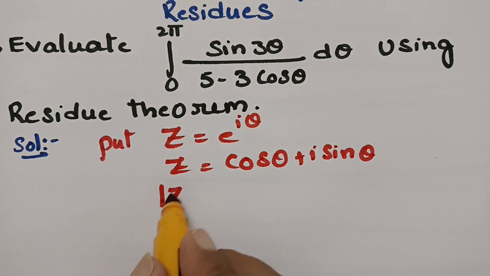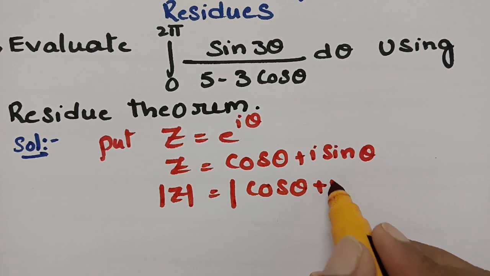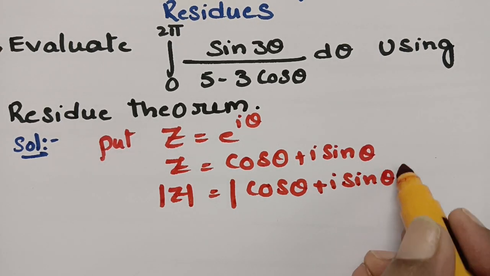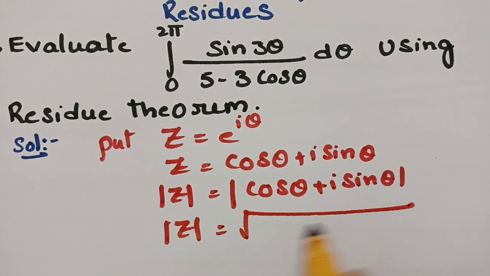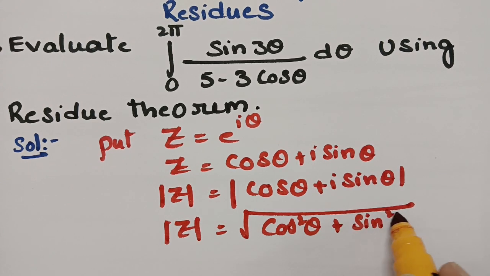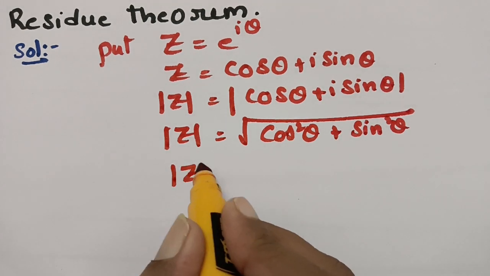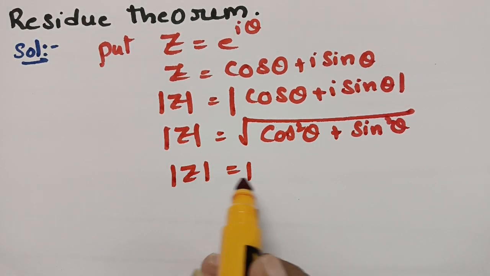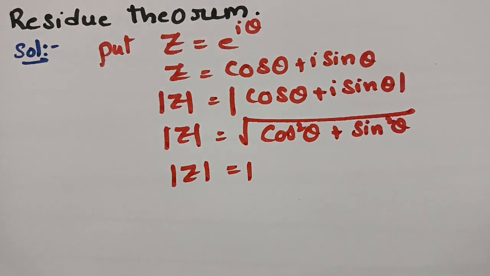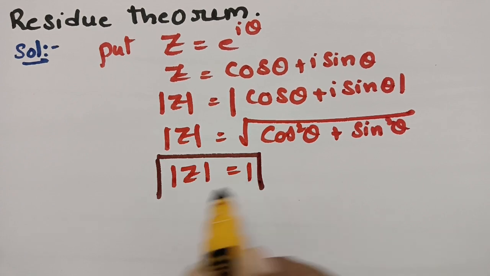If I take the modulus, this will be mod of cos theta plus i sin theta, and therefore modulus of z is equal to cos square theta plus sin square theta. Clear? And therefore we got a unit circle, that is mod z equal to 1. So this is a circle with center 0 and radius 1. So we got mod z equal to 1 as the region.